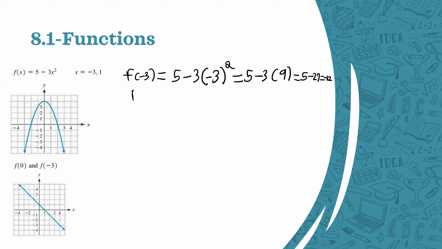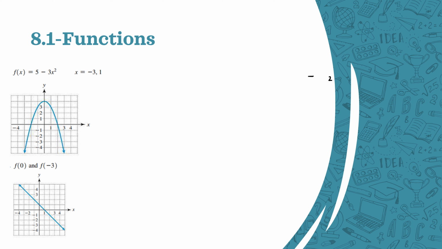So that means when x equals -3, y is -22. So now, if I do another one with f of x where x is equal to 1, again, same thing, except now I'm plugging in 1 for x.